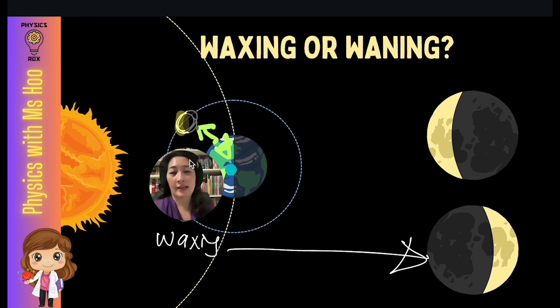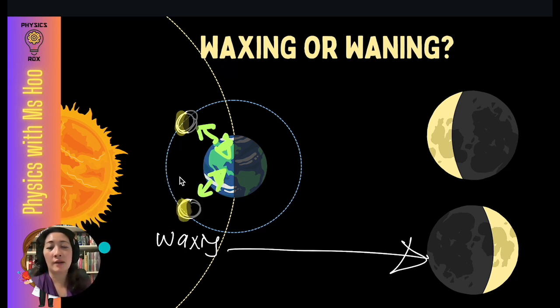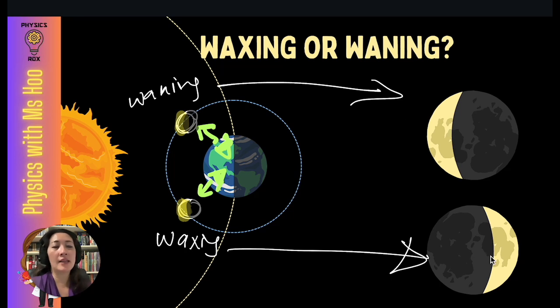So this stage, it's waning. So remember that the moon is orbiting in a counterclockwise direction. The new moon is here, so waxing, and this part would be waning. So this is the waning crescent, this is the waxing crescent.